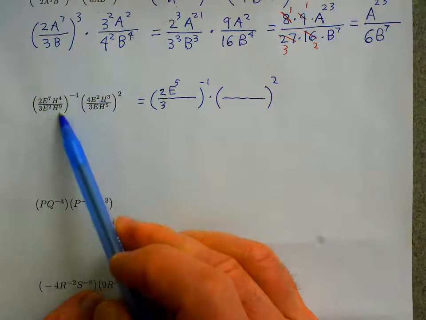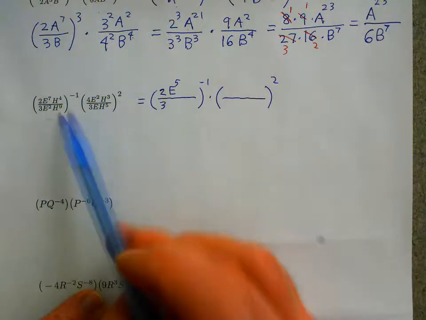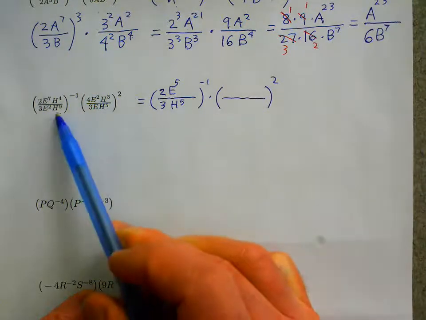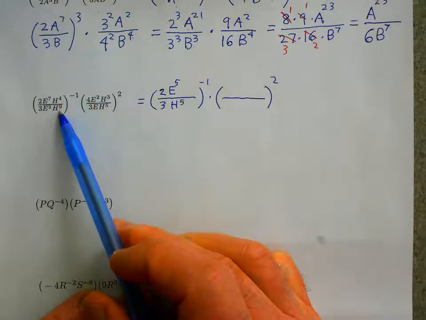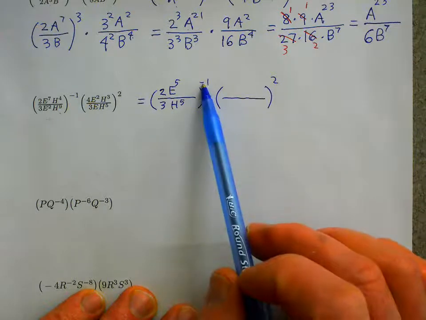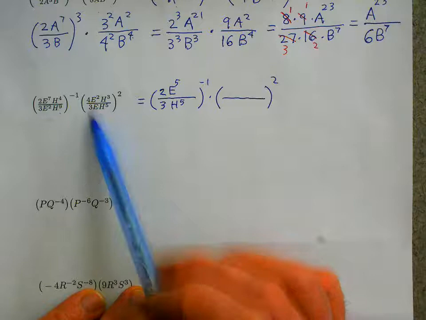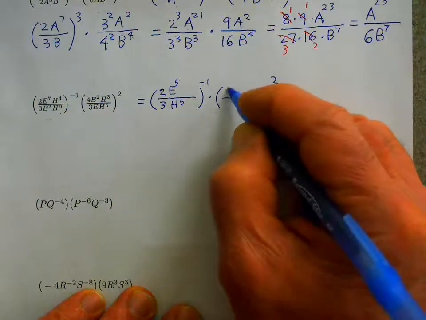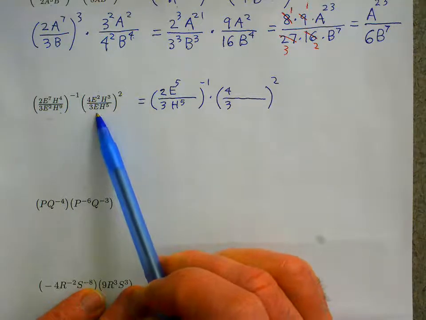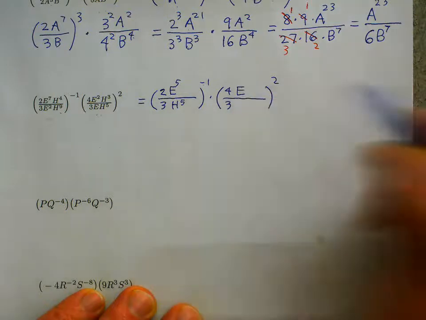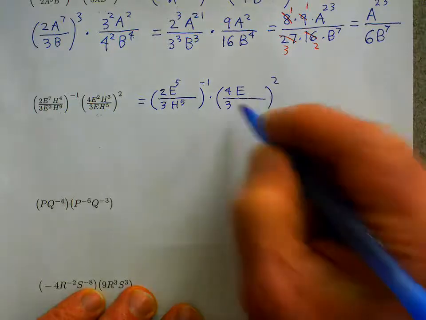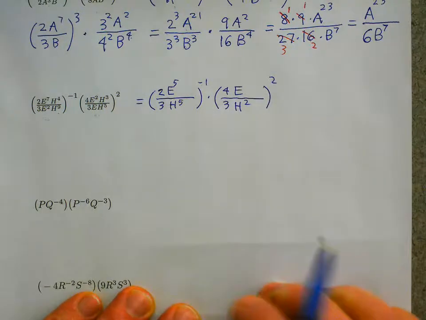H to the 4th divided by h to the 9th is h to the positive 5 in the denominator, because it's h to the 9 minus 4 in the denominator. And that's all raised to the exponent -1. In the other set of parentheses, 4 divided by 3 cannot be simplified further. E to the 2nd divided by e is e in the numerator. H to the 3rd divided by h to the 5th is h to the 2nd in the denominator.